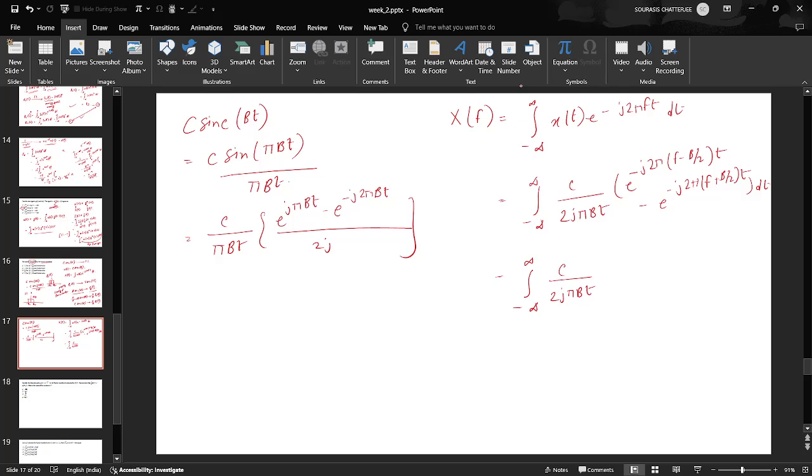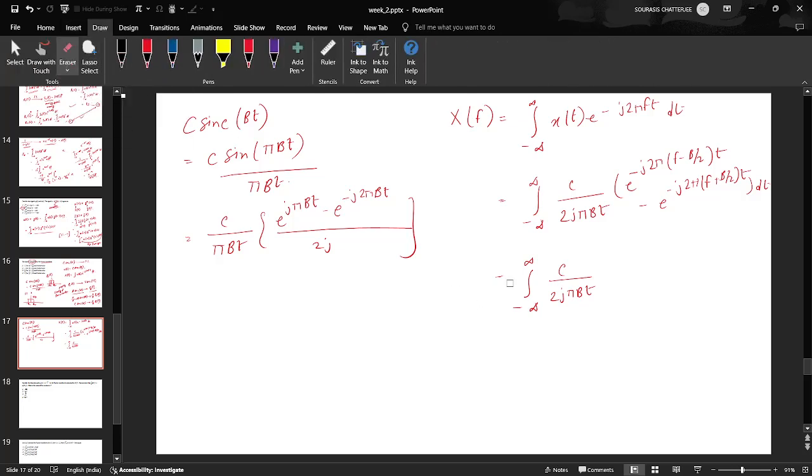Okay, there is one t here in the denominator. So this one here will take a lot of time.